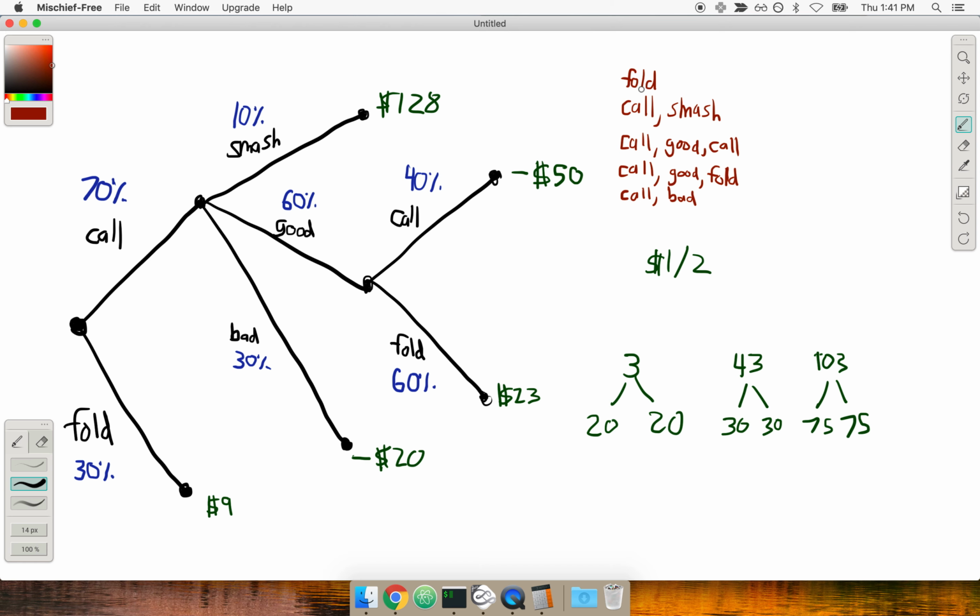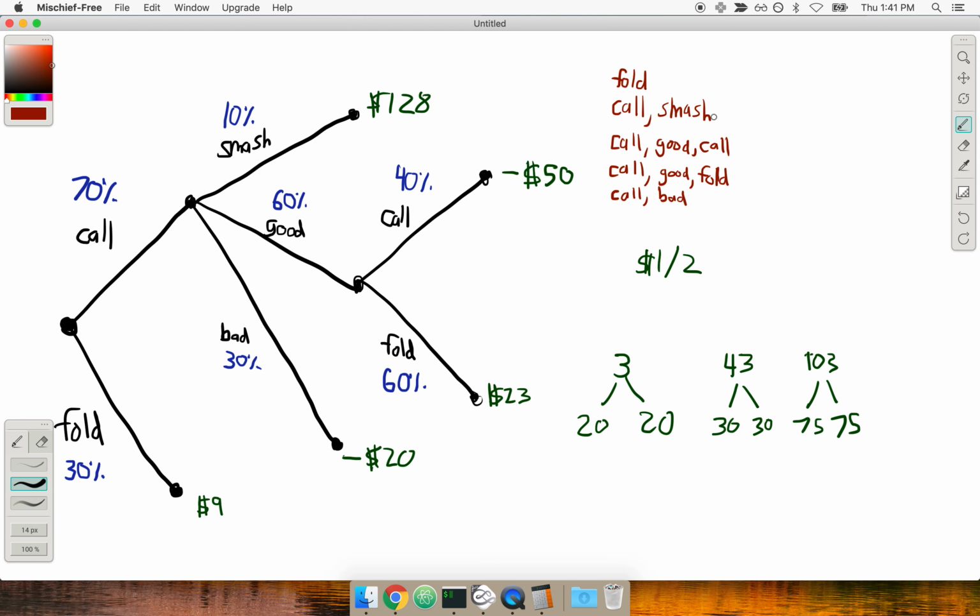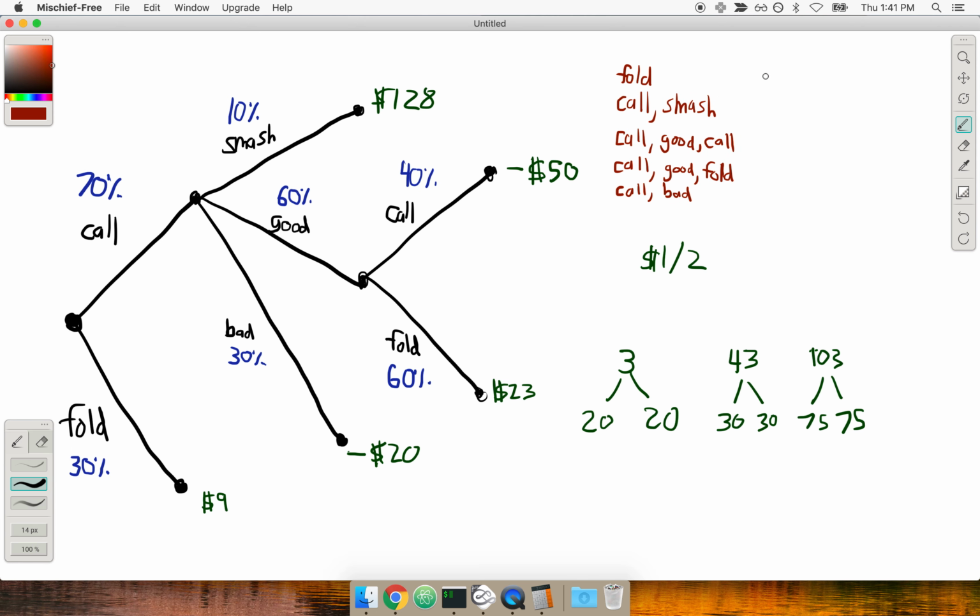So these are kind of the 5 possible outcomes, and you can see they correspond to the 5 leaf nodes. So now we're going to do some math. We're going to ask ourselves, 1, what's the probability of having this outcome, and 2, what's the result.